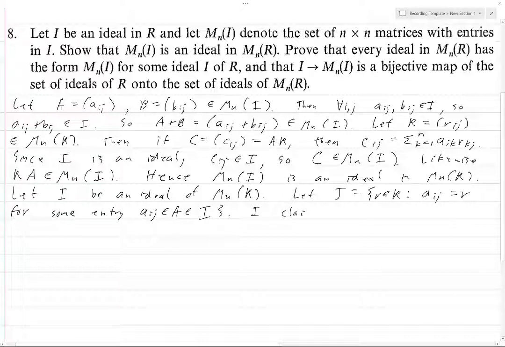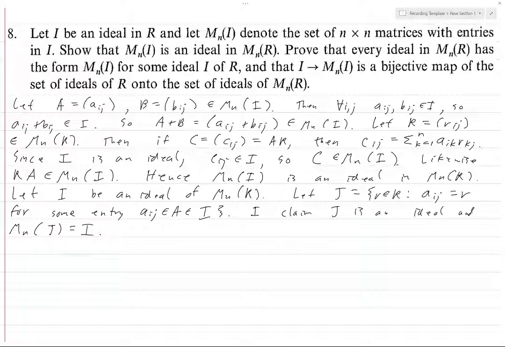I claim J is an ideal and M_n(J) equals I. So I is just any ideal. We won't prove that every ideal has this form.